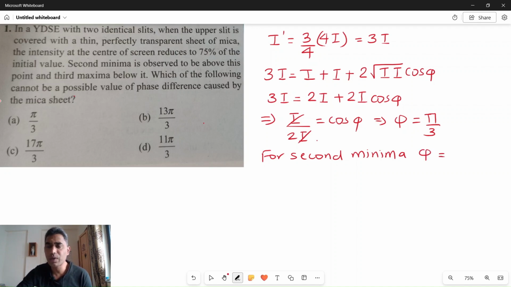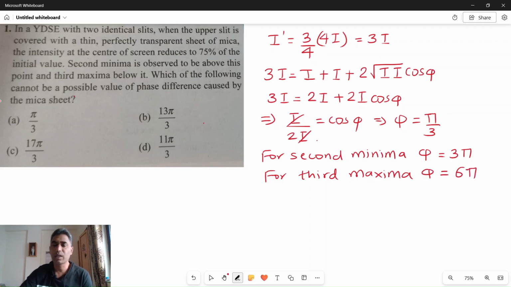The phase difference should be equal to 3 pi. And for third maxima, what is the phase difference? 2 pi, 2 pi, 2 pi, so that is 6 pi. So if you check these values, 3 pi and 6 pi.